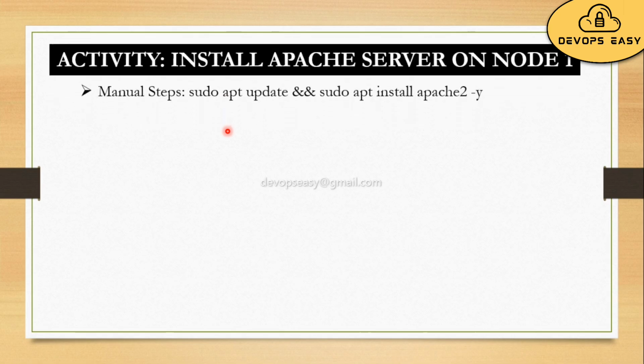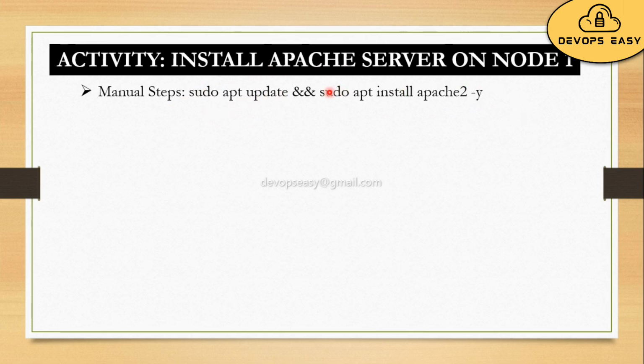So now I want to install the Apache server. First I will create a text file. I will show you how to create a text file. Then after, I will install the Apache2 software. I told you, whatever you need to do, you need to know how to do that manually. So in order to install Apache2, the steps will be sudo apt update, sudo apt install apache2 -y.